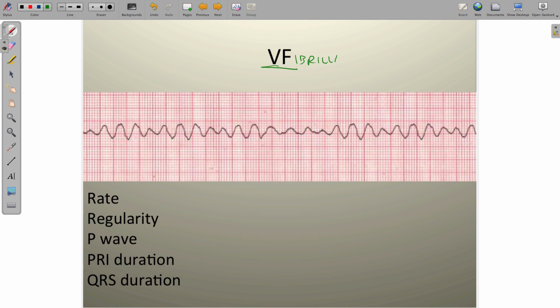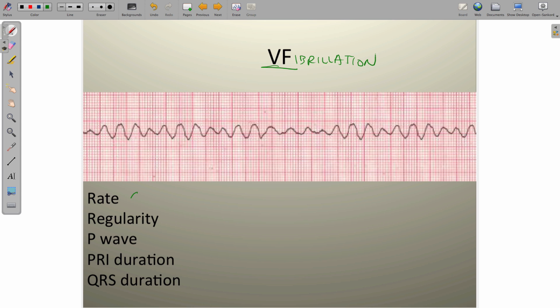Ventricular fibrillation is similar to atrial fibrillation, except that the fibrillatory baseline is due to ventricular tissue and not atrial. As you know from the dissections that we did, the ventricular tissue is much thicker, much larger, and has much more mass than the atrial tissue, and therefore you're going to get a higher amplitude depolarization.